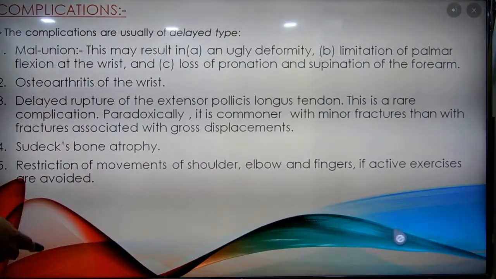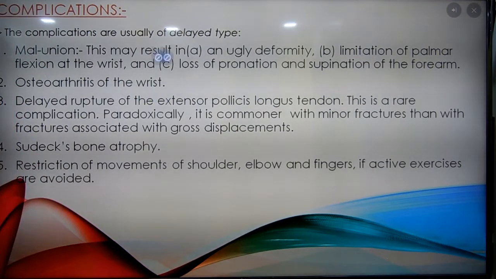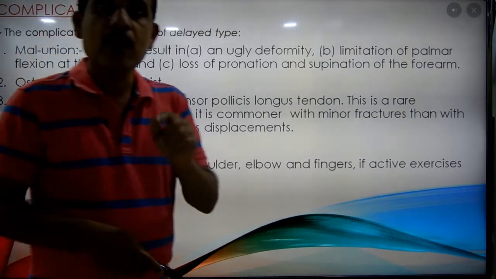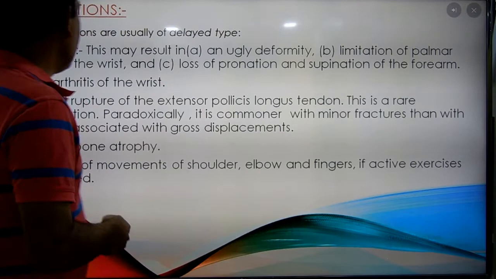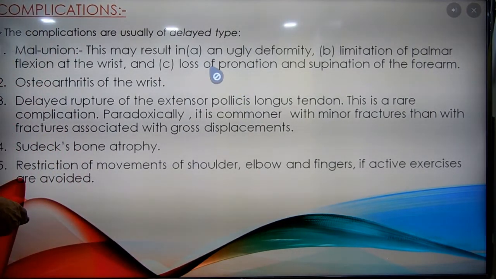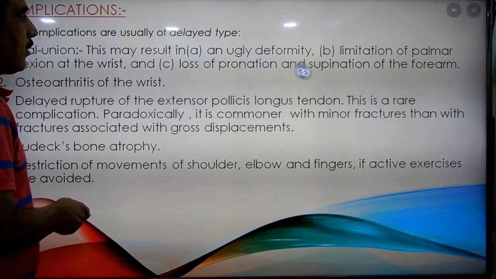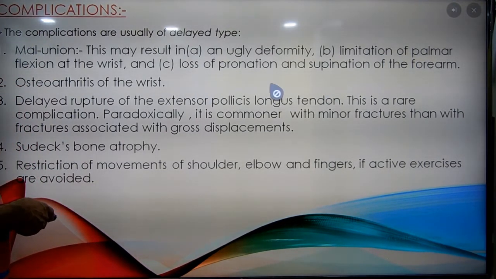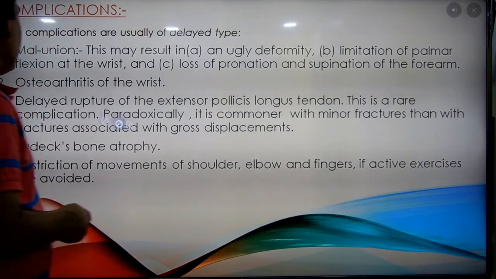Then next, the complications. Number one, malunion. It is the commonest complication of the Colles fracture. Why? Because this will result in an ugly deformity, limitation of palmar flexion of the wrist, and loss of pronation and supination of the forearm if the malunion occurs.